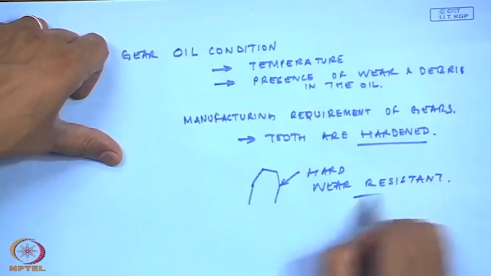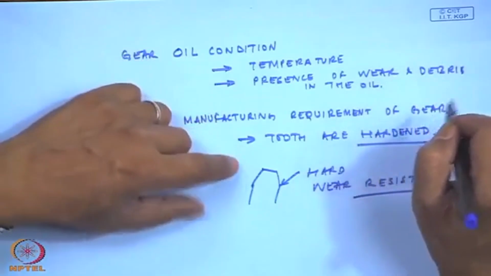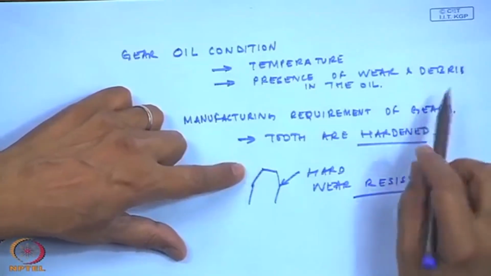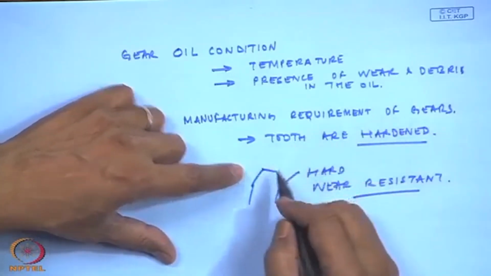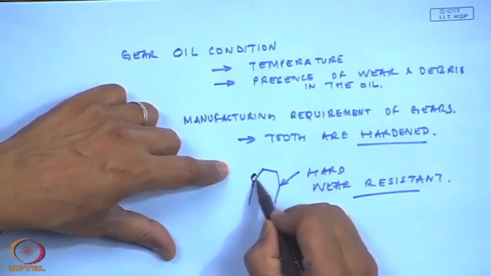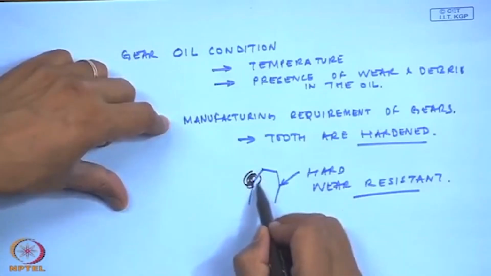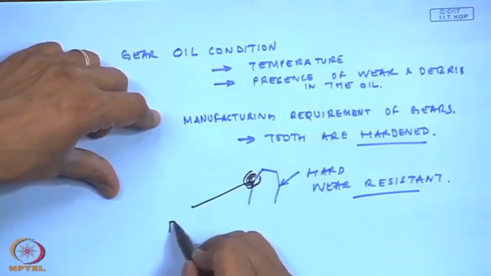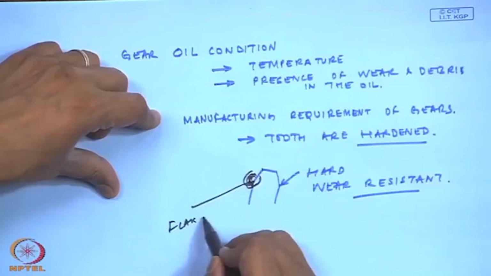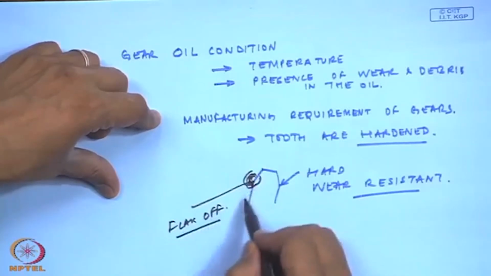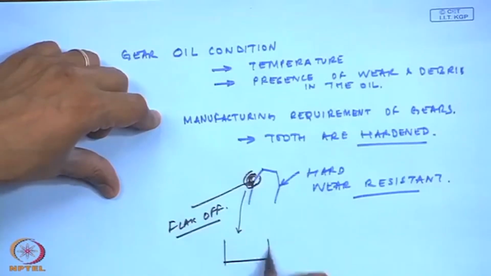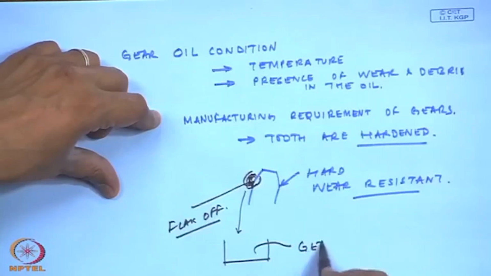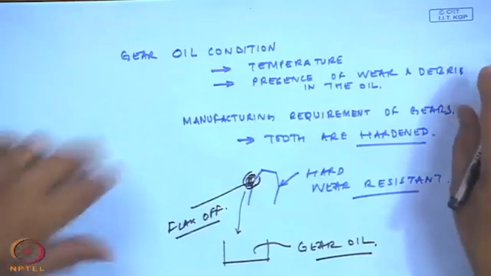So, many times what I have seen, if a proper heat treatment is not done on the gear teeth, these particles will flake off, and these particles will get deposited in the gear oil. So, to find out the defects in gearboxes, many techniques can be used, and they will come one by one.